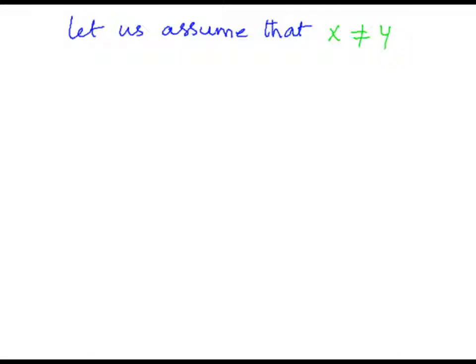If the sets X and Y are not equal, then automatically the sets X and Y do not contain exactly the same elements.